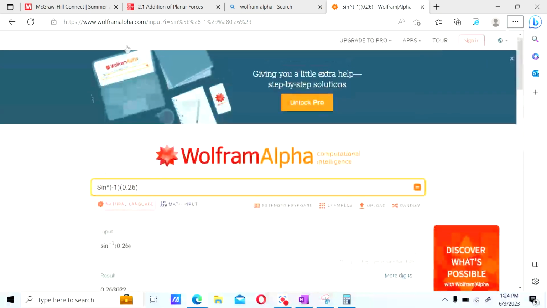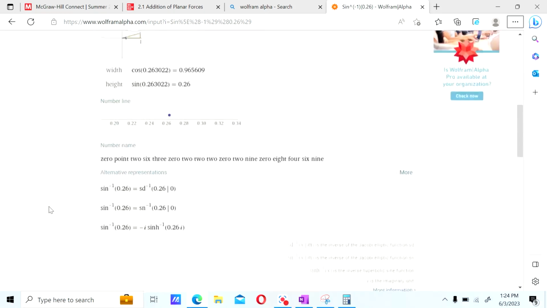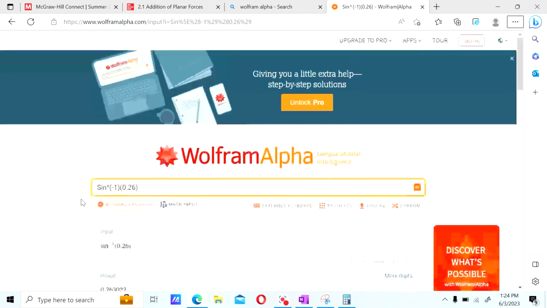You don't have to input actual numbers like on a calculator. We can leave everything in terms of variables. So wolframalpha.com will definitely help you compute a lot of your operations for this class if you don't have a calculator, which I hope you do.